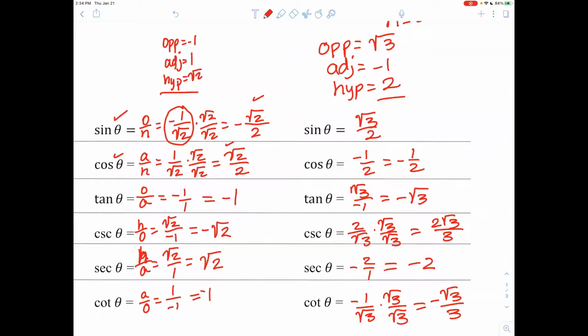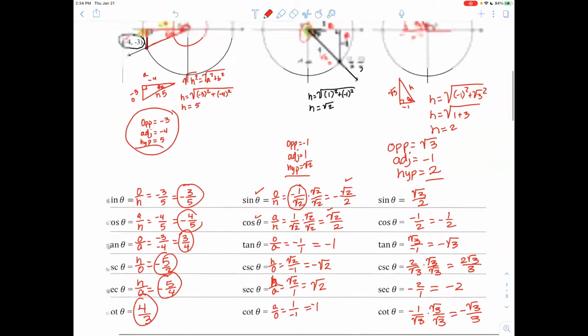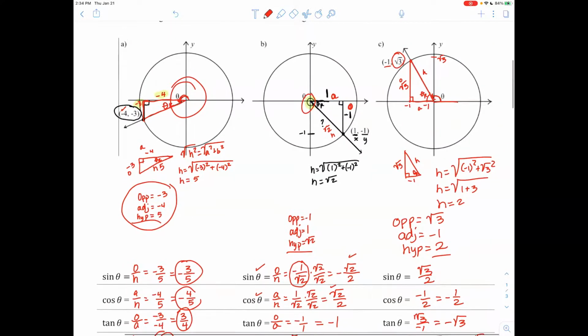Okay, so let's just sum up a couple things. Notice that I gave you angles in quadrant 2, 3, and 4. Any of the angles in quadrant 1 would be your regular right triangles because they would be acute angles, or their reference angle would just be a regular acute angle, and your x and your y would both be positive in that situation.